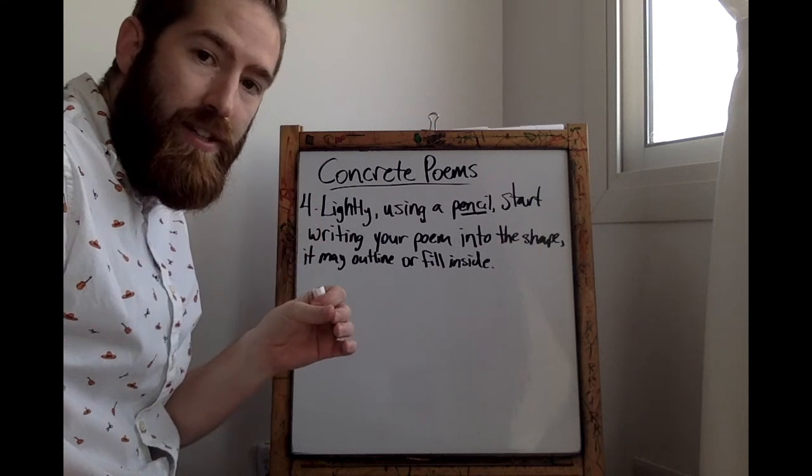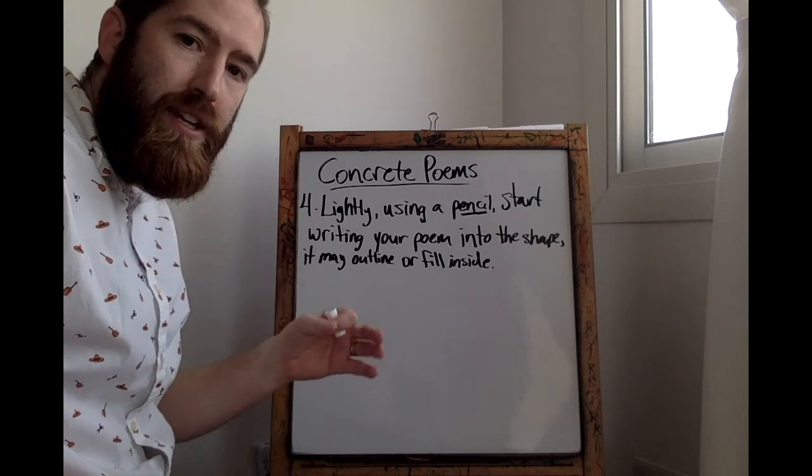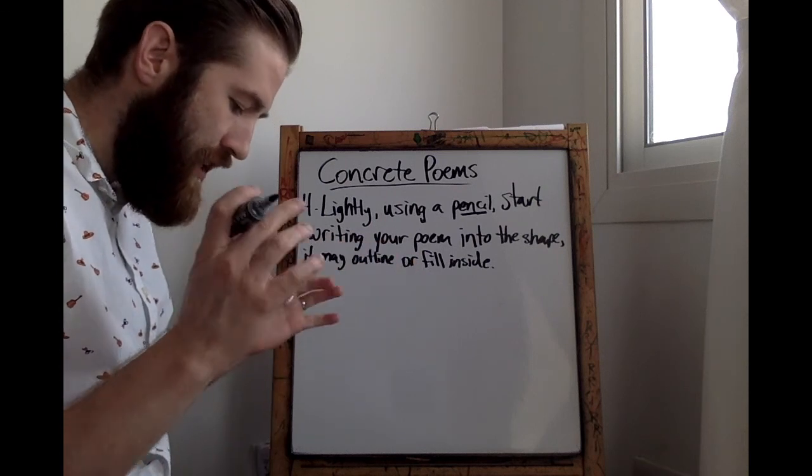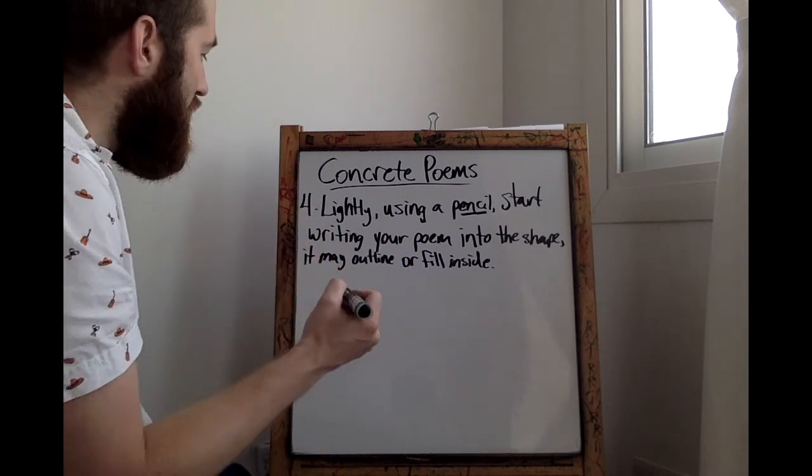If you use a pen, you might make a mistake, you might make it too short, you might make it too long, okay? So that's the problem. I'm going to add one more thing here.